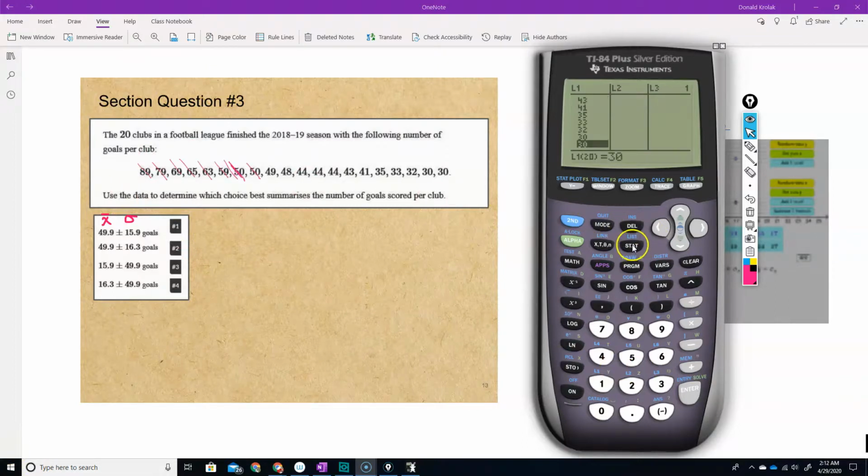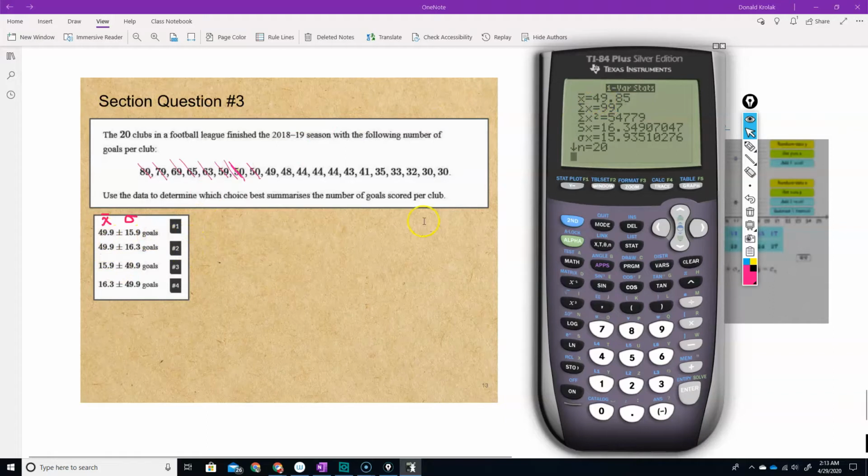All right, now it's just hit stat, calc, 1 variable stats. L1 is my list. L2, there is no L2 list, so I'm just going to clear that and then go down to calculate. All right, so my average is 49.85.